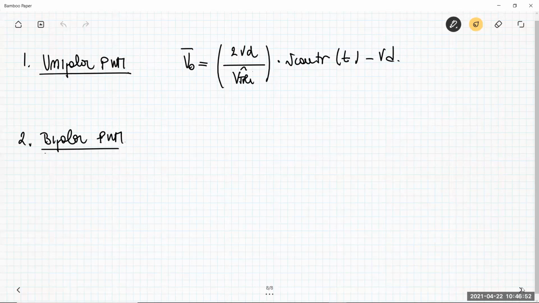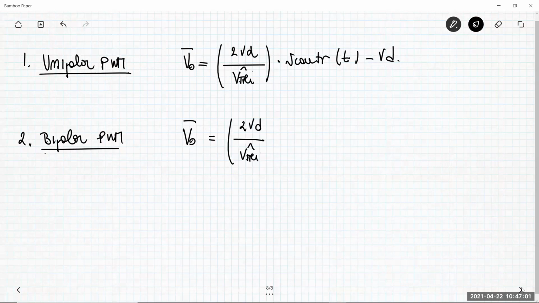But this basically leads to the same quantity. So in both cases, whether we choose unipolar pulse width modulator or bipolar pulse width modulator, the average value of the voltage V naught is given by the same expression, okay?